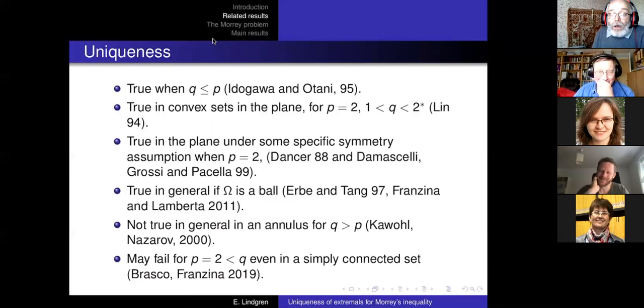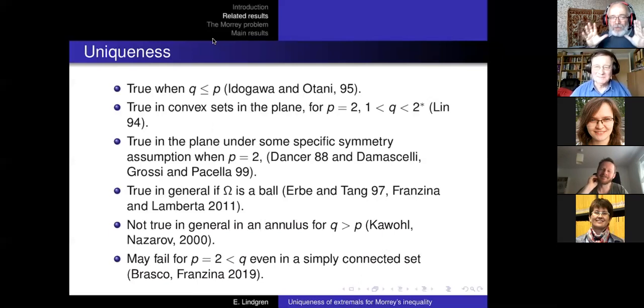The classical 1D result, which is in this inequality. By the way, the Poincaré inequality is for zero mean value.